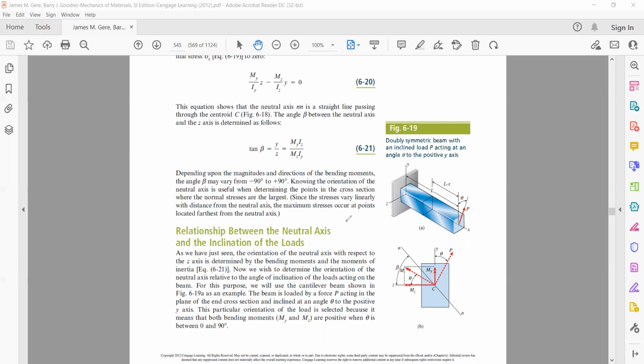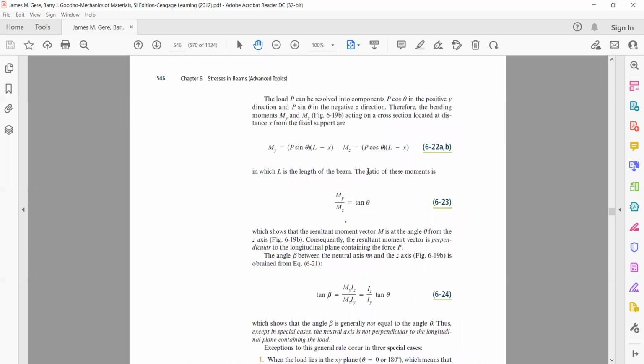Now let's take the components of P. P will have two components.